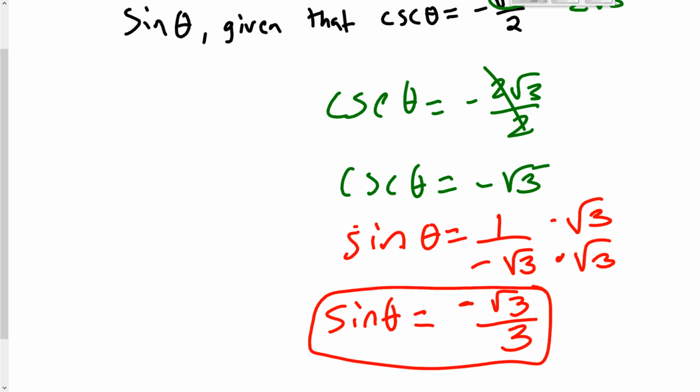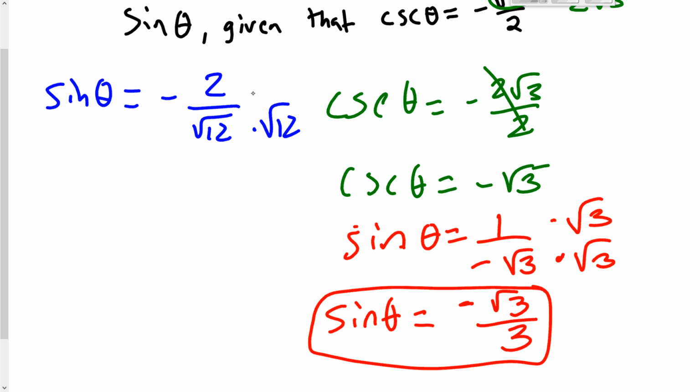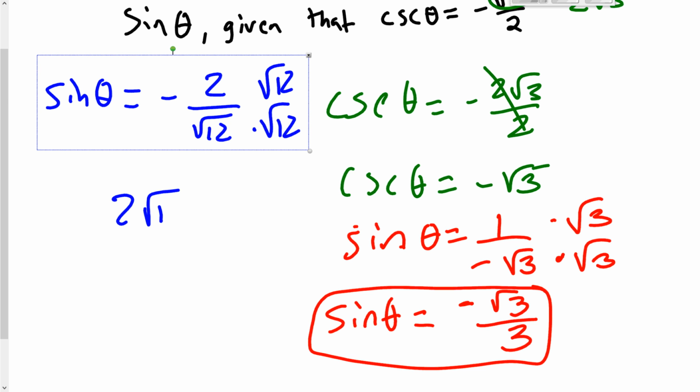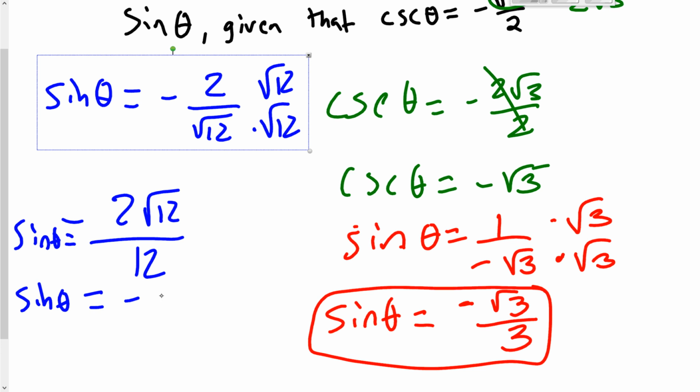Okay, and you could have started off with just flipping it to begin with, so then sine of theta is equal to negative 2 over root 12. Then you could multiply top and bottom by root 12, or you could break down root 12. So this would be negative 2 root 12 over 12, which is negative root 12 over 6.